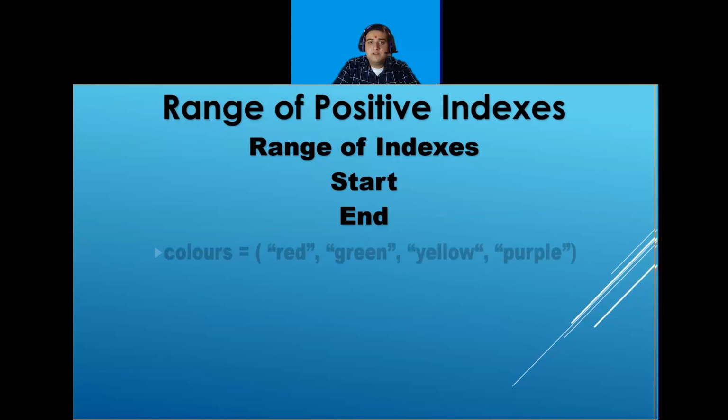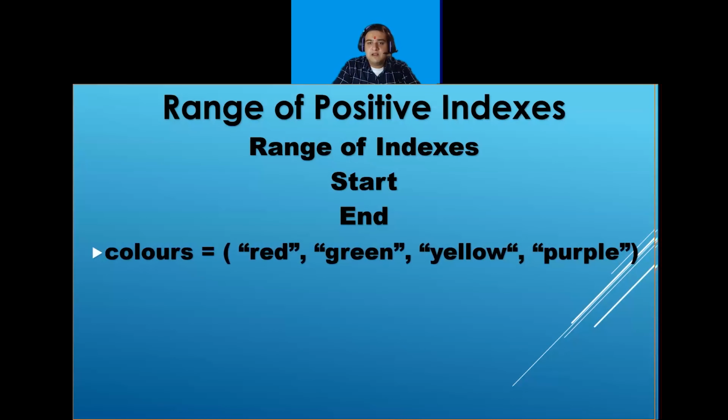For example, this is my tuple and I want to print from red to yellow. Remember that the last index will not include itself.